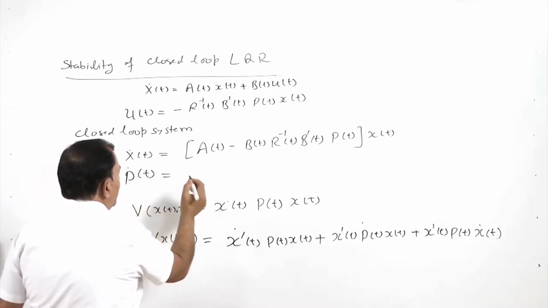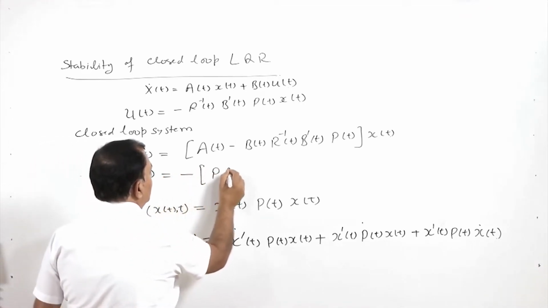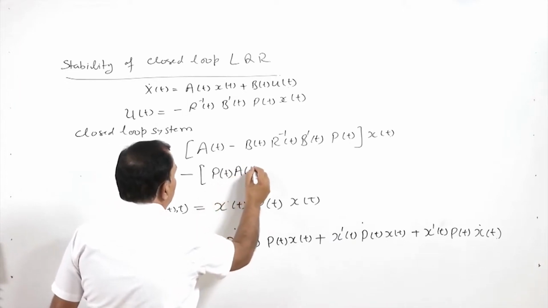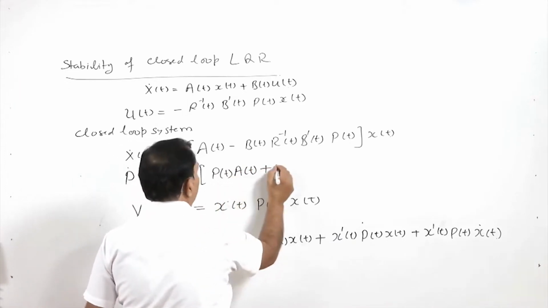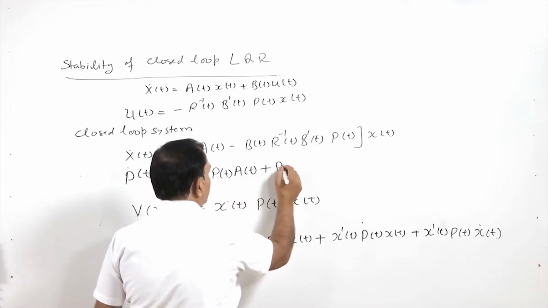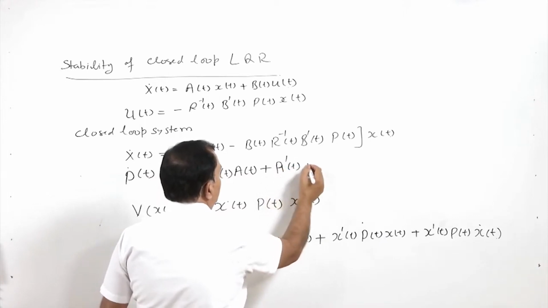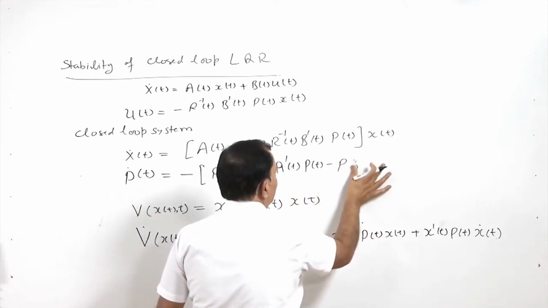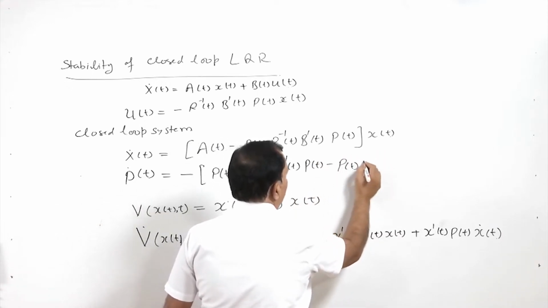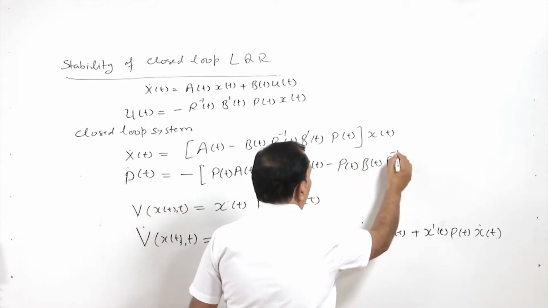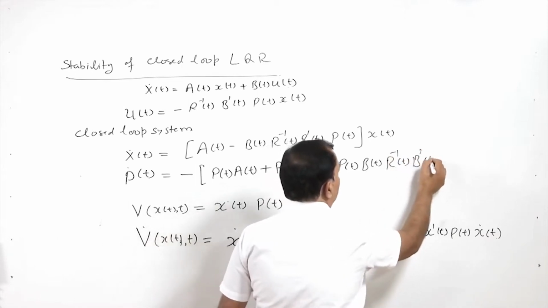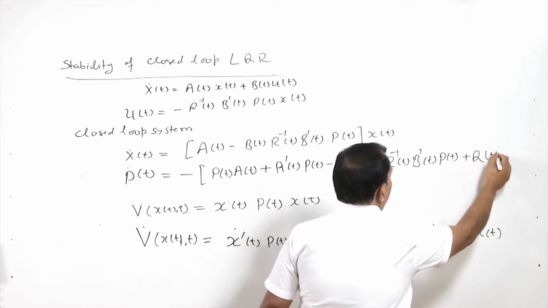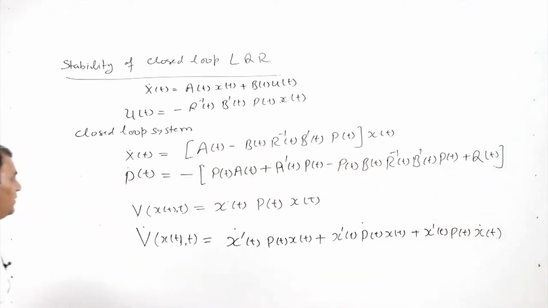P dot(t) is nothing but minus P A plus A transpose P minus P B R inverse B prime P plus Q. This is my P dot.